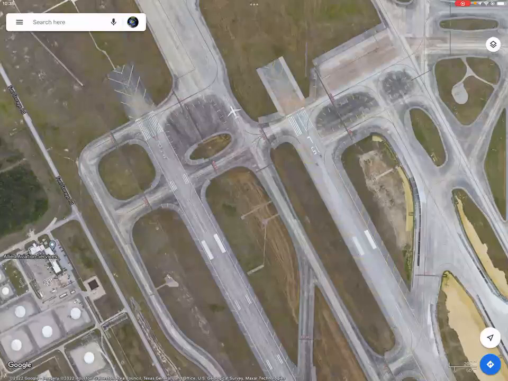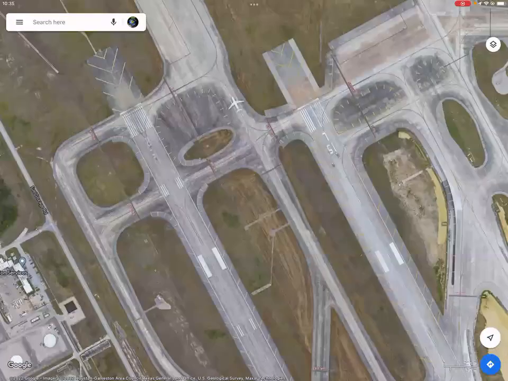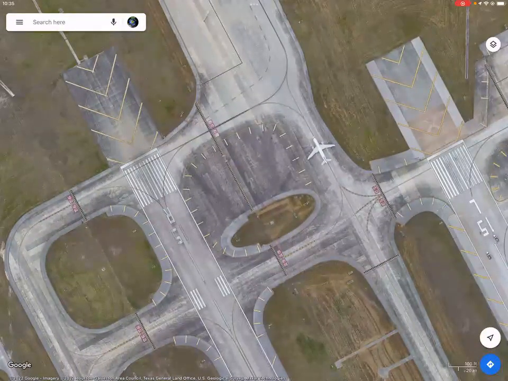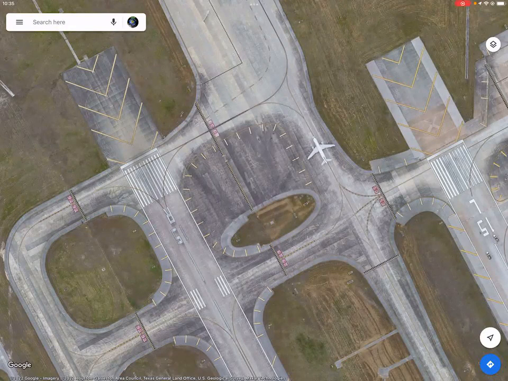Now, if this is 15 on this end, what is the number on the opposite end of this runway? Think about it, okay? If this is 15, what is the number on the opposite end of this runway? Now 5 would be this way. Now think about degrees first. This is 150. What is this direction?